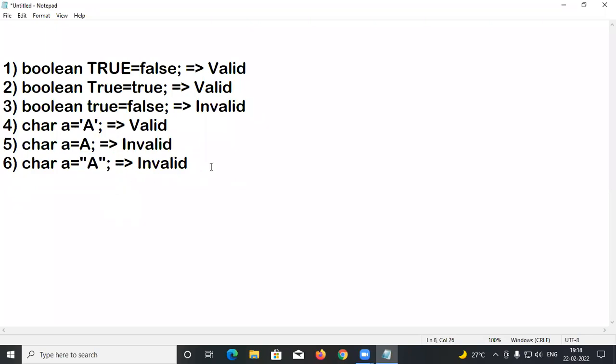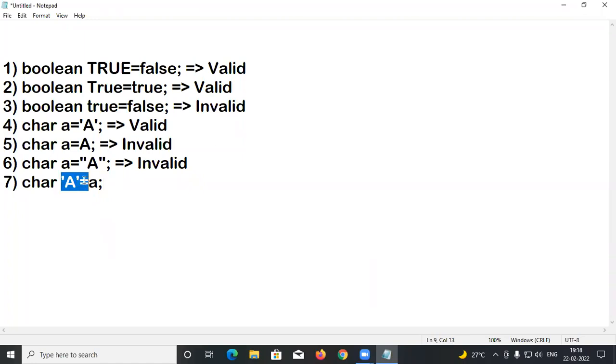Okay. Now, the 7th one. I'll give some more. You have to give the answer. Character, here capital A in single quotes, after that small a. Valid or not valid? Why is it not valid?